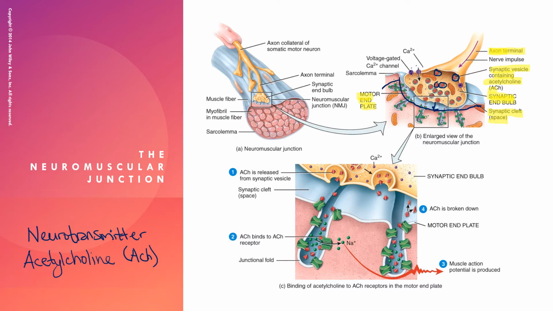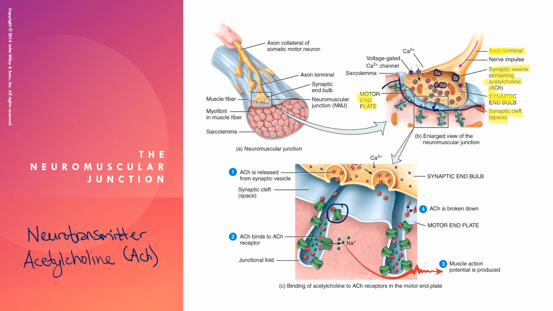Within each motor end plate, we have 30 to 40 million acetylcholine receptors. You can see them here, these little green membrane proteins. These are acetylcholine receptors. This is an integral membrane protein, and it's very specific to bind to acetylcholine.